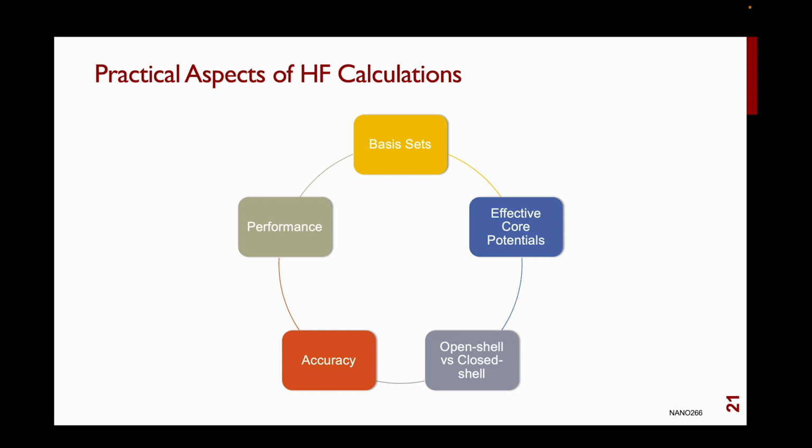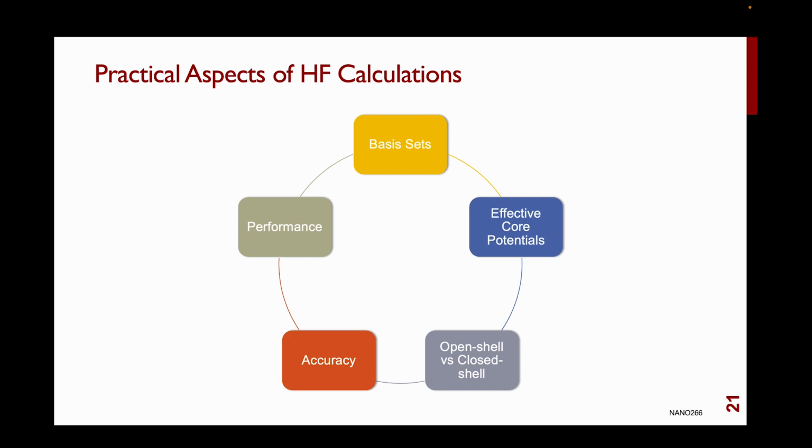There are 5 key components that you need to take into account when you are doing any sort of quantum chemistry calculations. The first thing is what's your choice of basis set? How do you choose a basis set in which to construct your wave functions? Somewhat related to the basis set are the effective core potentials. I'm going to talk about what they are.